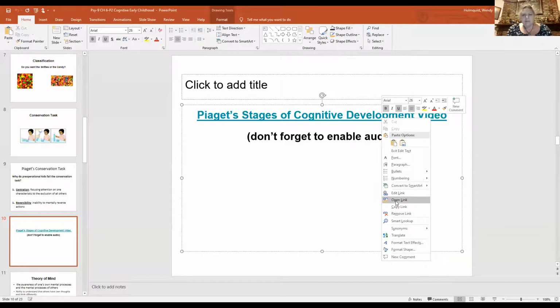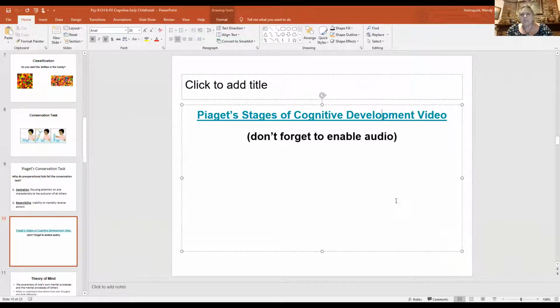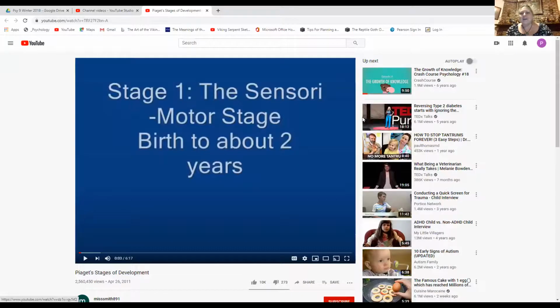Open link. All right, we're going to do a new screen share so that you can see the screen with this. I also had a little note about sharing the computer audio, because if I don't share the computer sound, you guys won't hear it. And I've already made that mistake before. I don't really want to make that one again.